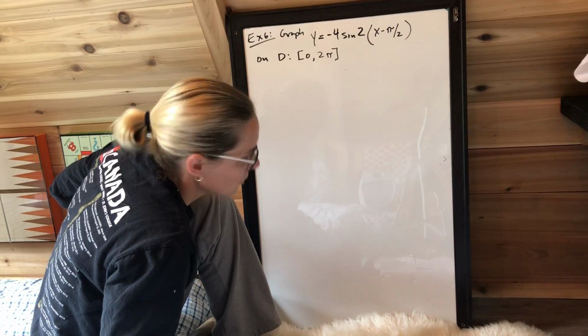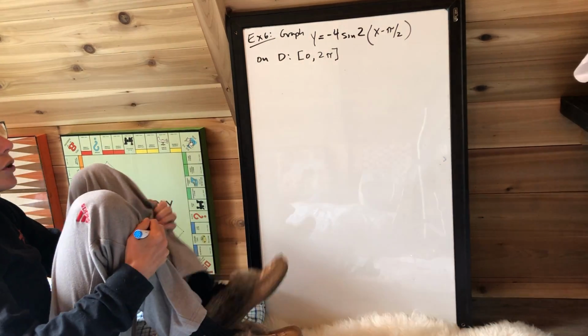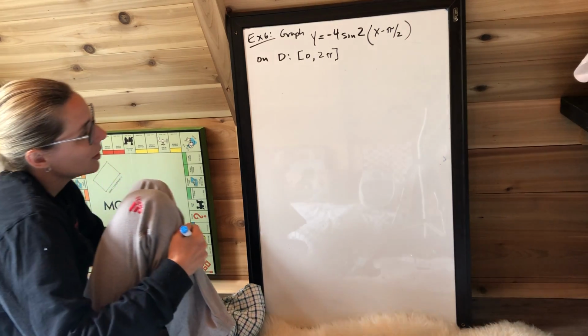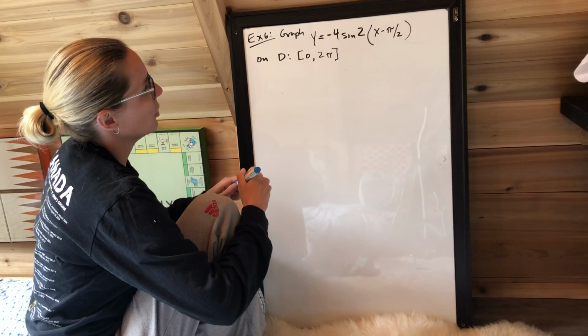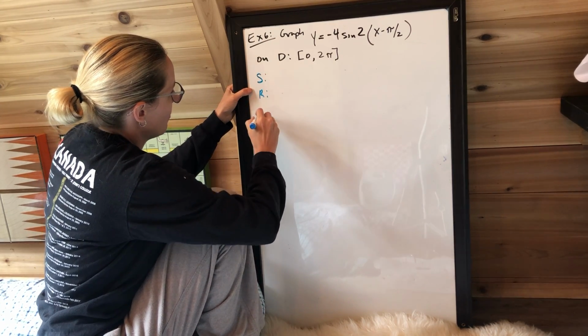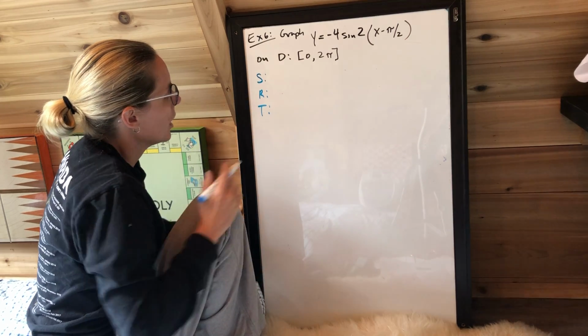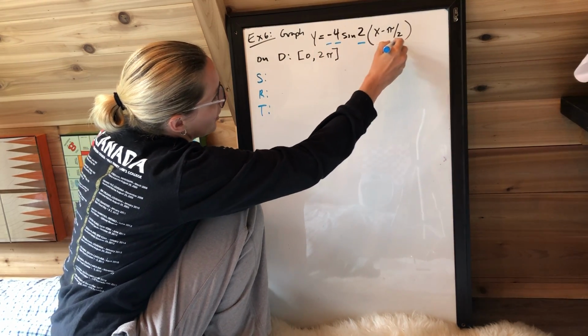Negative 4 sine, okay, good. In terms of what we need to know in order to graph it, I would say this is the pattern we used before. The negative is something, the 4 is something, the 2 is something, the negative pi by 2.